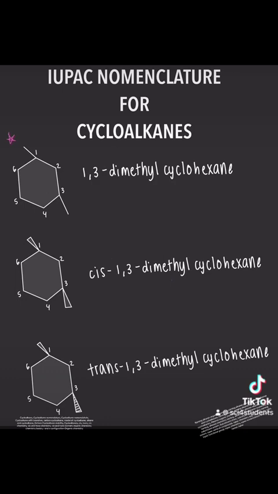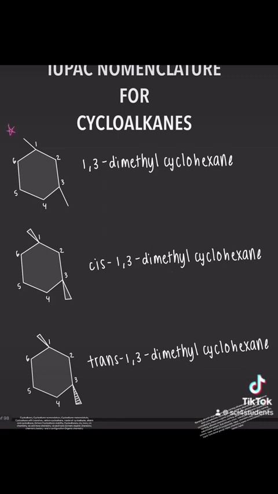Specifically in this one, if, for example, both are bold or both are dashed, and when I say dashed, I literally mean dashed, like you'll see it like this. If both are dashed or both are bold, then what you've got right there is cis.